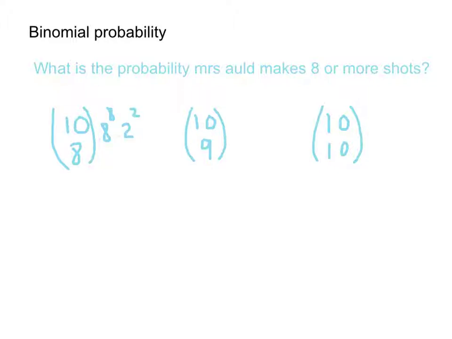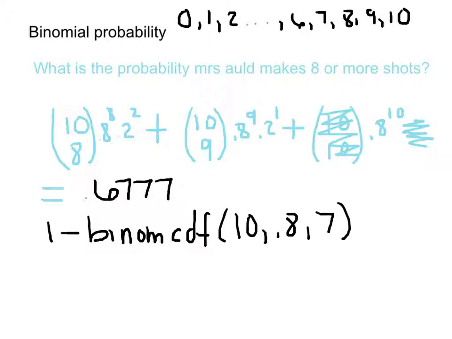This would be 0.8, I made 9, 0.2, I missed 1, 0.8, I made 10, which really means you don't have to worry about this because it can only happen in one way, and you don't have to worry about this either. And so if I figure out that probability, that is 0.677.